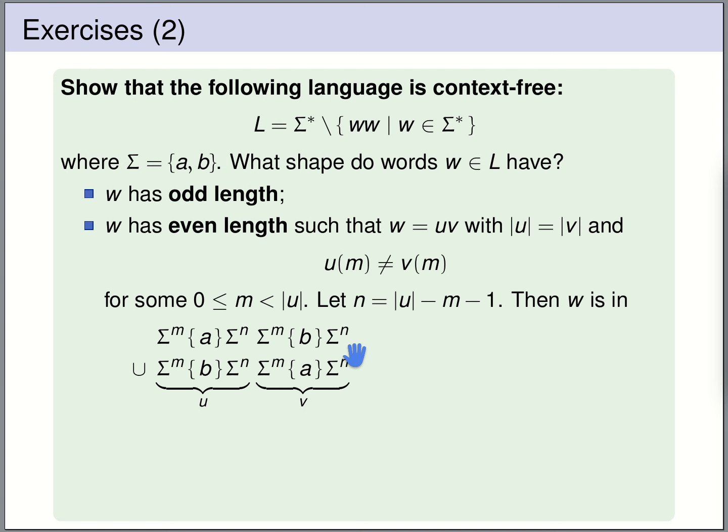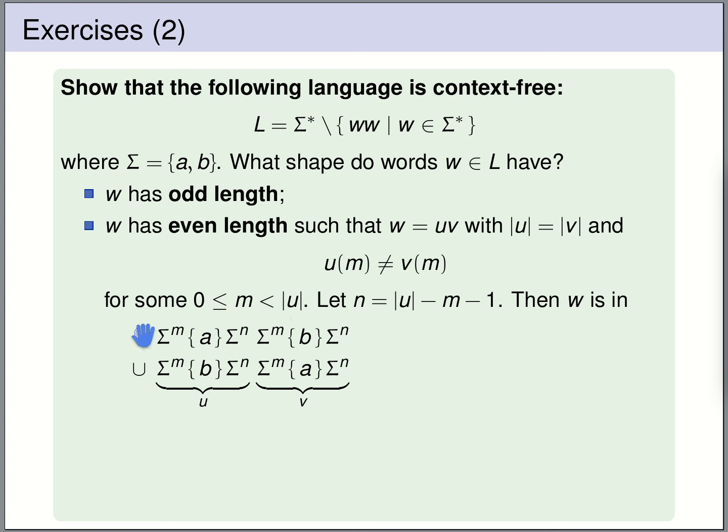So what this expresses is, this upper part here expresses that our word u is an arbitrary word that has at index m an a, and our word v is an arbitrary word that has at index m a b. So after m letters we have an a, after m letters here we have a b. So this is a different way of writing that u and v are arbitrary words that differ at position m.